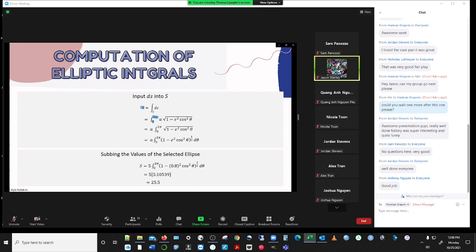In doing so, a comes out of the integral and the square root is shifted to the power of a half, meaning we are left with our elliptic integral of a times the integral of (1 minus e squared cosine squared theta) all to the power of a half times d theta. The computation of this elliptic integral, when subbing in the values of a and e for our selected ellipse respectively, provides a total arc length of 25.5.